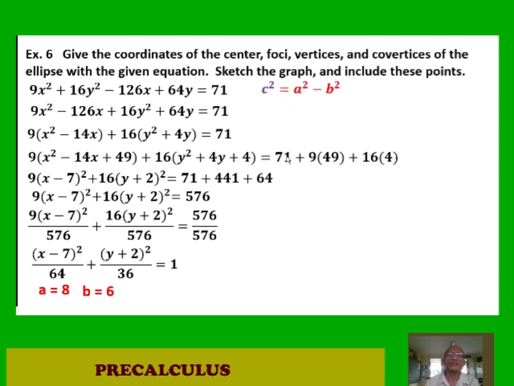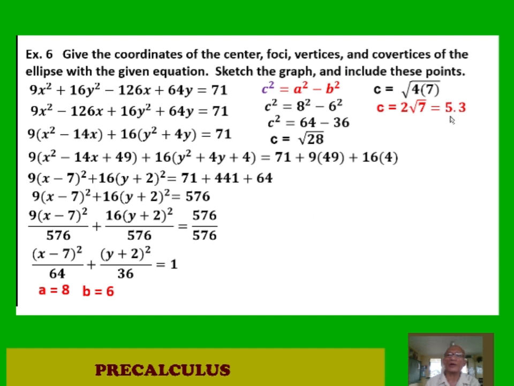Then c is found by solving the equation, substituting a and b, then extracting the square root. C is equal to the square root of 28, or 2 times the square root of 7, or approximately 5.3. Then our center is (h, k), so 7, negative 2. Here is our center.